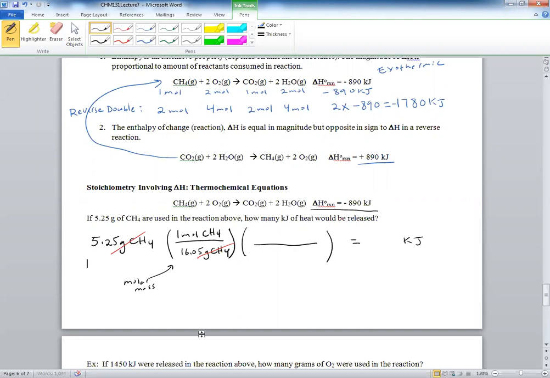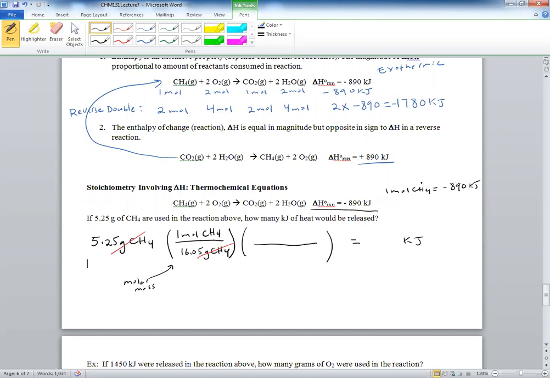Well, this is how you would read it. Here it says 1 mole of CH4 is responsible for negative 890 kilojoules of heat, or the release of 890 kilojoules of heat.